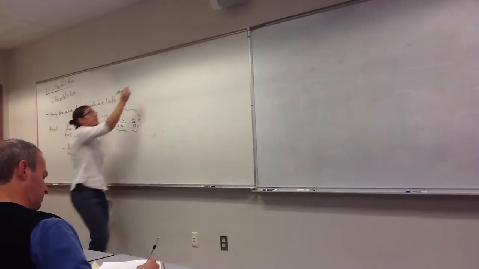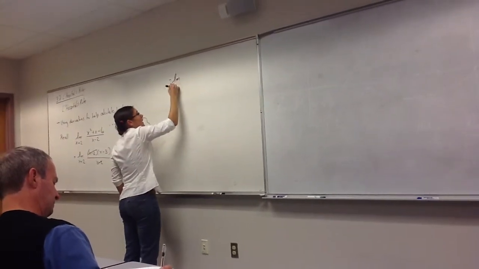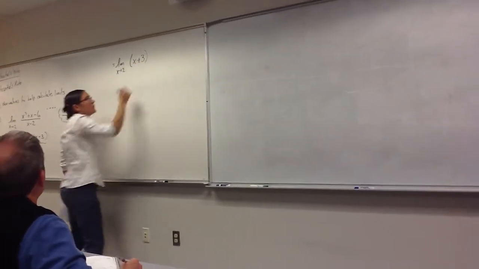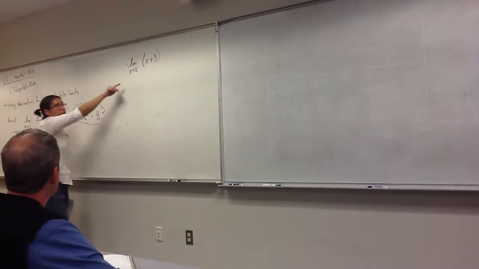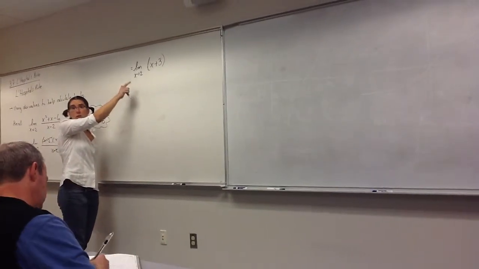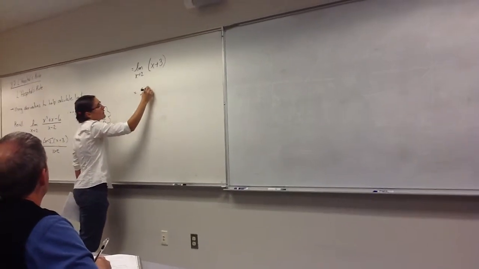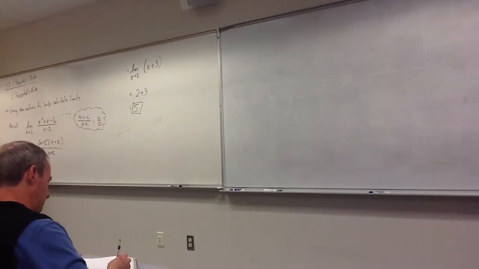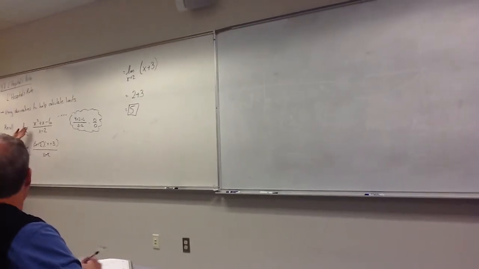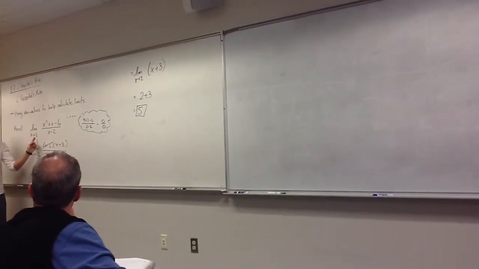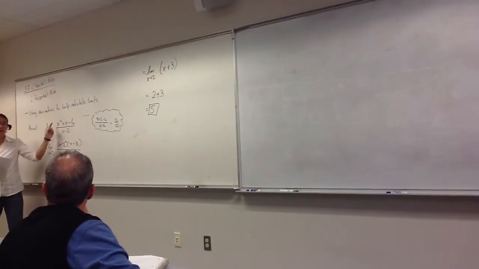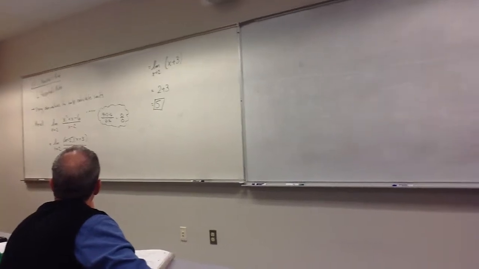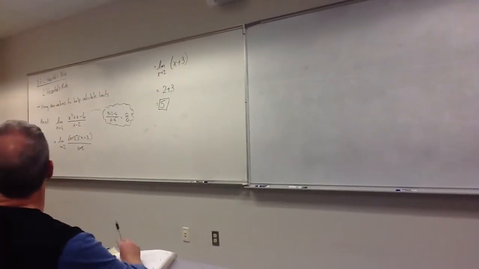We're left with the limit as x approaches 2 of x plus 3, and since we no longer have a denominator to worry about, we can allow x to be equal to 2, and we end up with 2 plus 3, which gives us 5. So the meaning of this limit was as x gets close to 2, the y value of this function is approaching 5. All right, so that was one of our limits. Are there any questions about that?